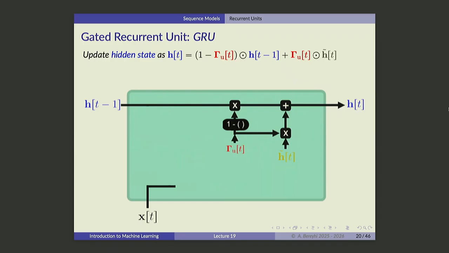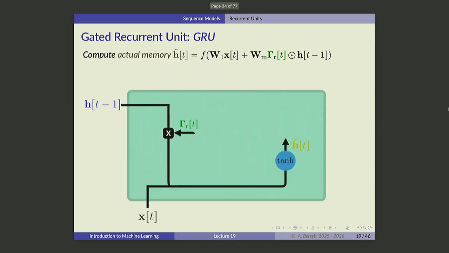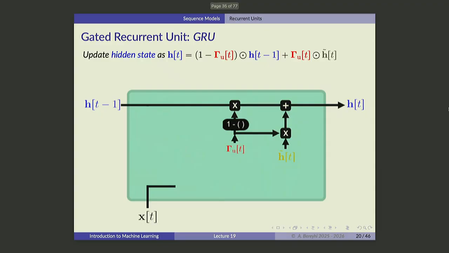So 0 multiplied by this one, this is going to cancel out HT minus 1. So HT is going to be 1 times H tilde, exactly H tilde. And H tilde was computed from my input, right? So when the update gate is totally open, I'm going to rely totally on the new features I extracted from the new sample. So I let it be updated.